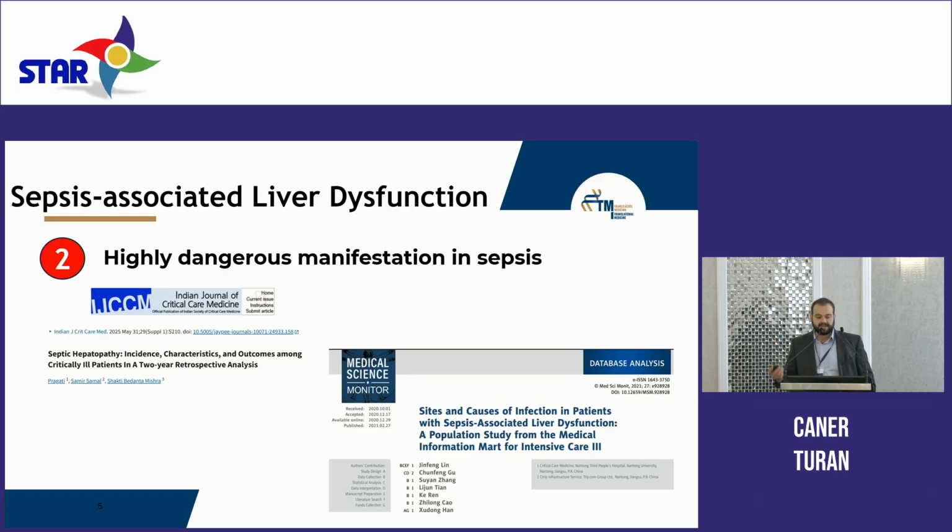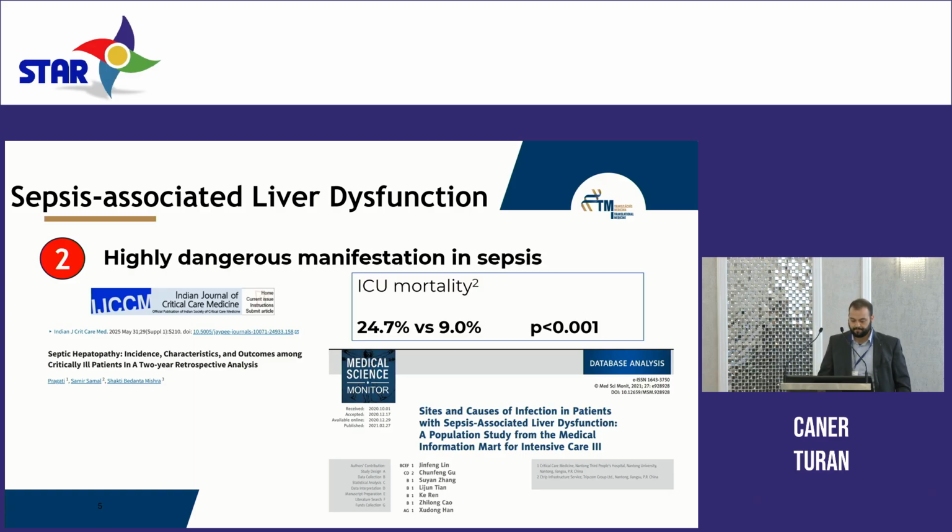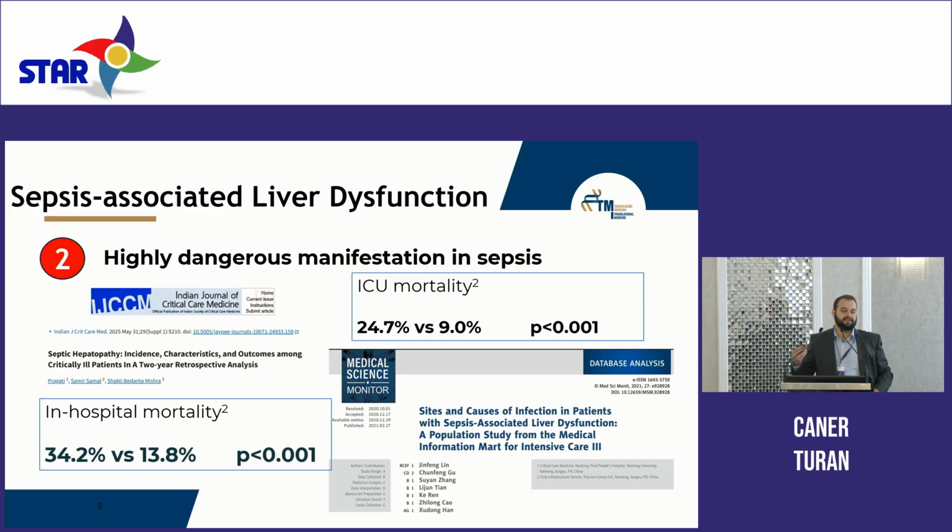And in sepsis, this is a highly dangerous manifestation. Comparing ICU mortality in septic patients with and without liver dysfunction, the difference is day and night. The same can be said for in-hospital mortality, where septic patients who had liver dysfunction are at a much higher risk of dying in the hospital.